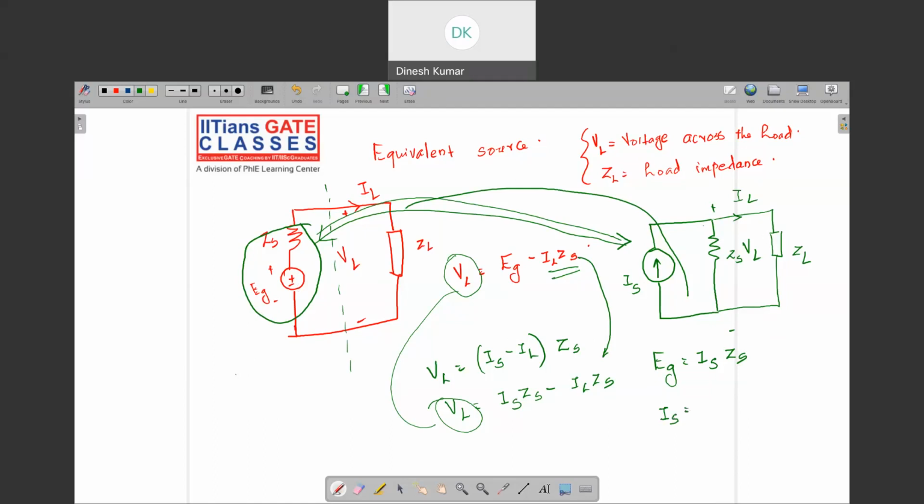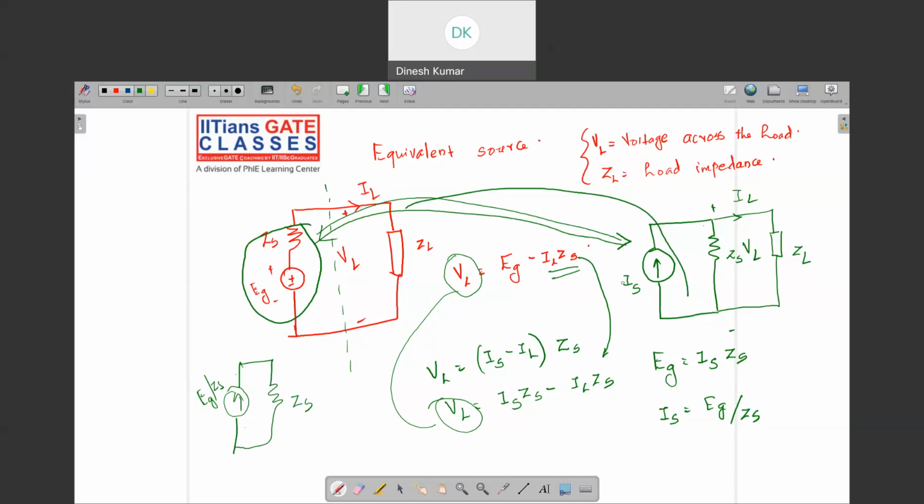IS will be EG by ZS. Right. So we will cut at this particular point, then replace that voltage with a current having a value. So what is the value of the current? EG by ZS. Right. And parallel with the resistance, and value of the resistance will be same as the resistance.